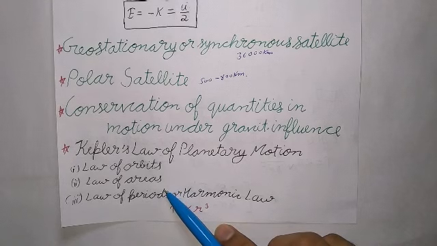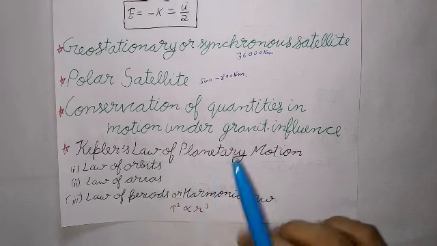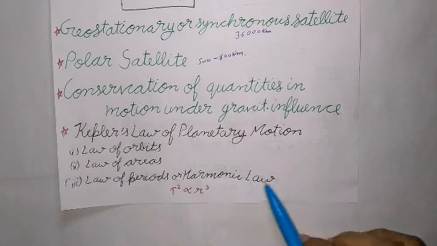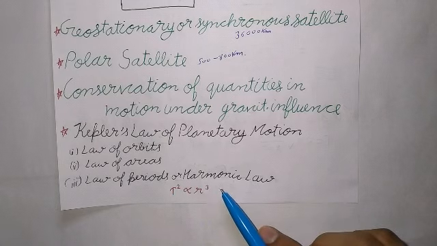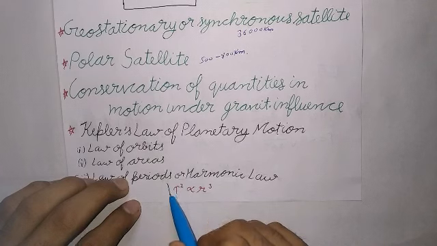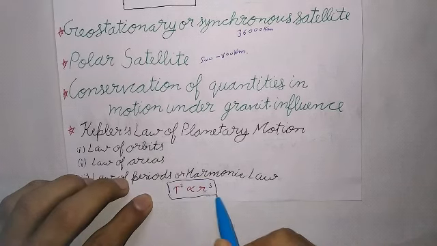That is, the areal velocity of a planet is constant. Third and last law is law of periods or harmonic law. The square of the period of revolution T of a planet around the sun is proportional to the cube of the semi-major axis r of the ellipse. Here you can see.